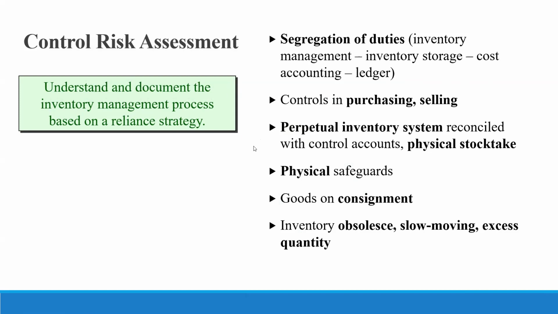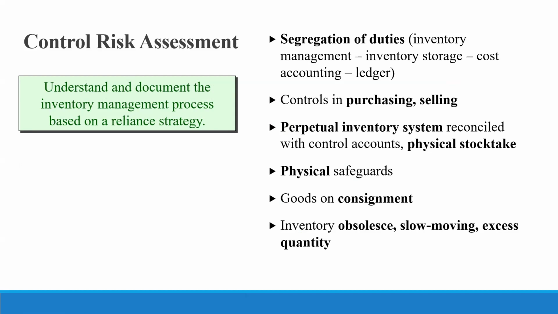Especially for large companies, we use the perpetual inventory system, which is based on the IT system. Good design and protection of the perpetual inventory system is very important to ensure low control risk of inventory management.